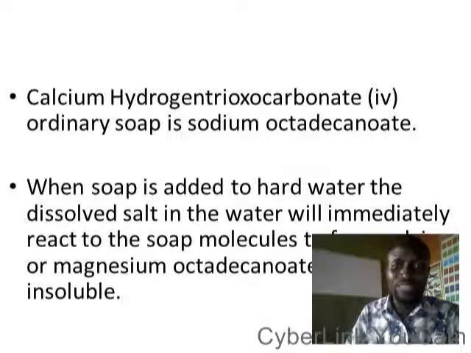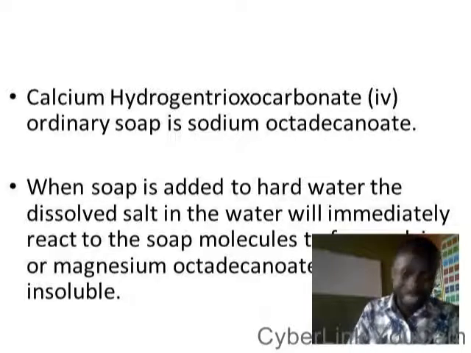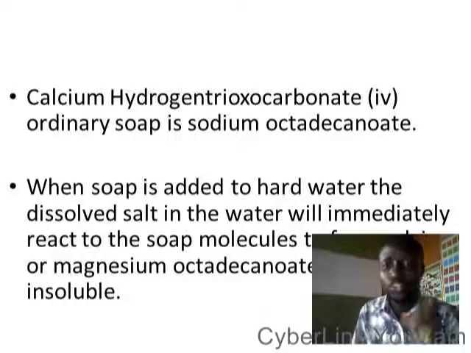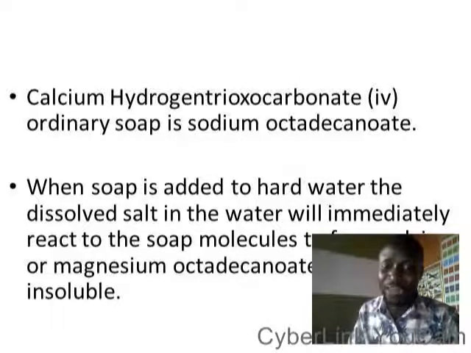Ordinary soap is sodium octadecanoate. I repeat that. Ordinary soap is sodium octadecanoate. Octa is 8. Decanoate is an organic compound with 10 carbon atoms. So this is 8 and 10. That is 18 carbon atoms having sodium as the only metal there.